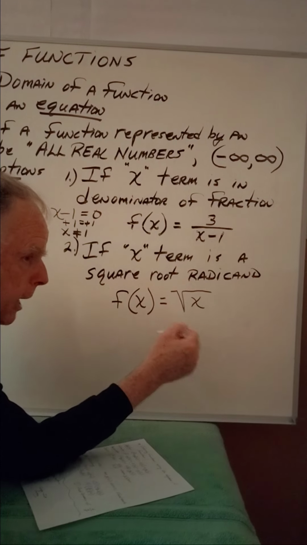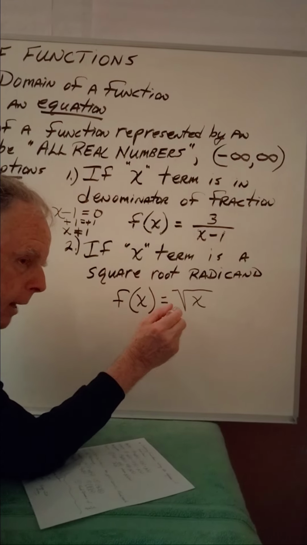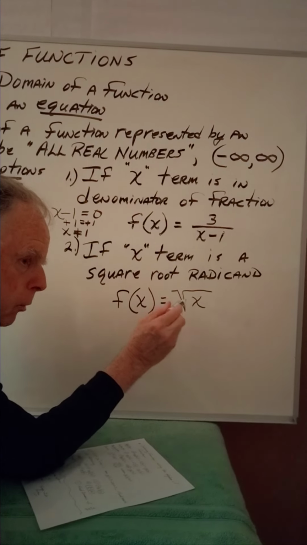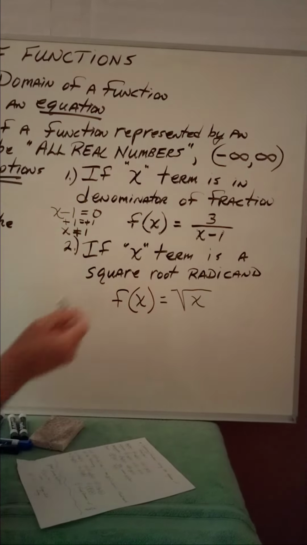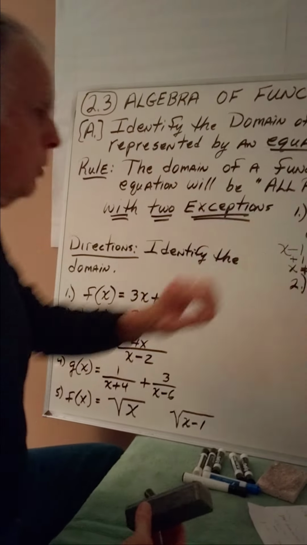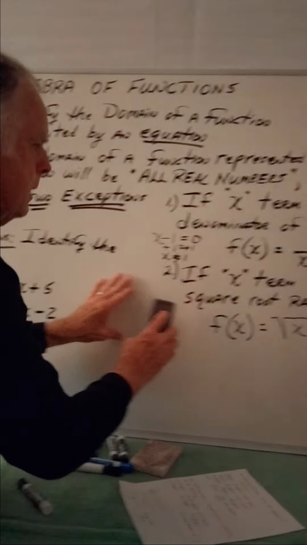So this cannot be the entire set of real numbers. When we get to one like this in the exercises, we will again show you the interval notation that will identify the domain of it. Now, I'm going to erase some of this area because I've got my examples over here that I'm going to do.